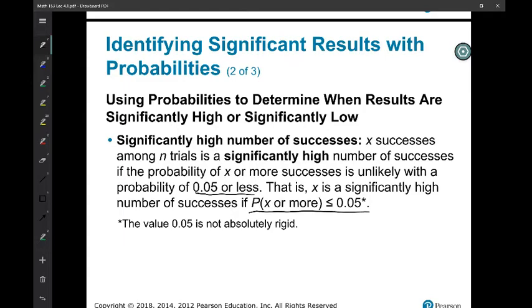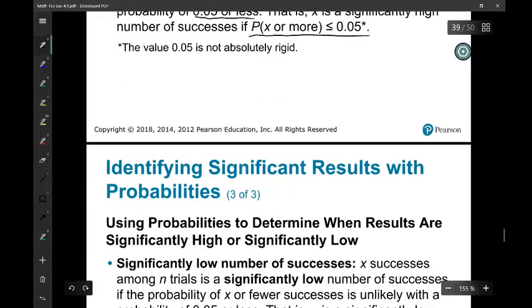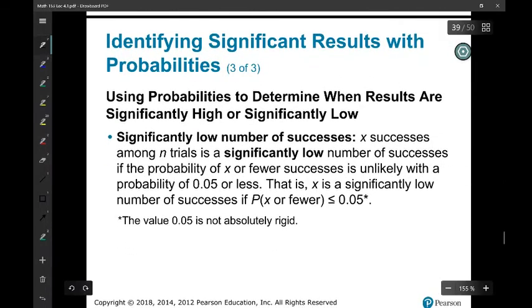That's a judgment call. And likewise, for a significantly low number of successes, the probability of X or fewer is less than 0.05.